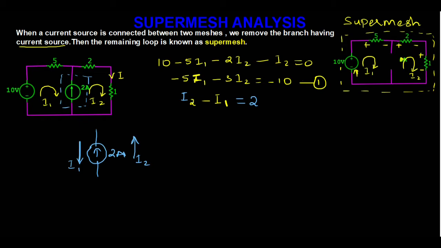I2 and the 2 amps are in the same direction, and I1 is in the opposite direction, so I wrote I2 minus I1 equal to 2 amps. This is the important thing you have to take care of while applying supermesh analysis.